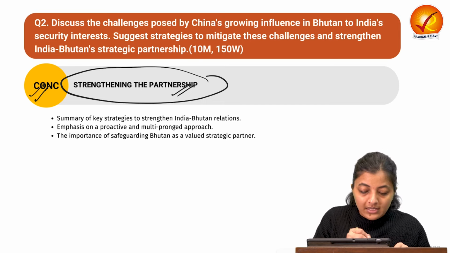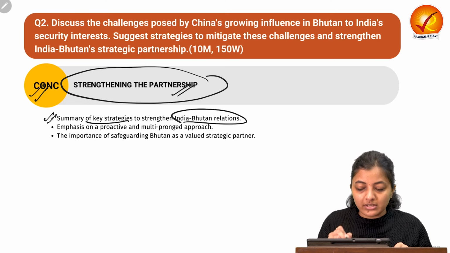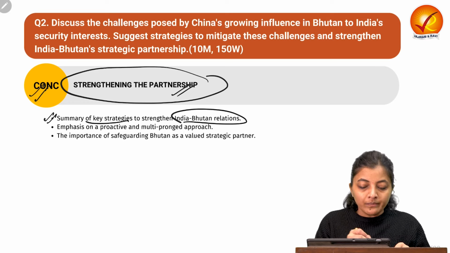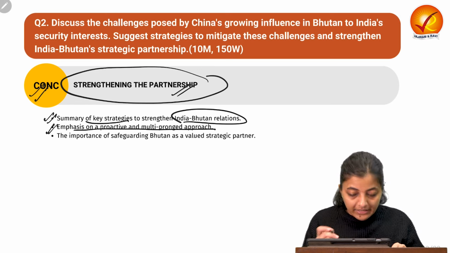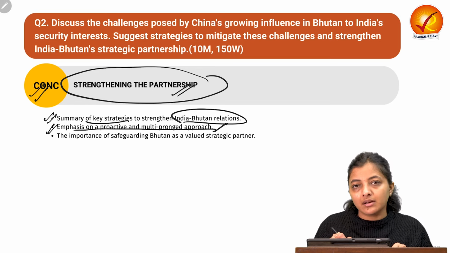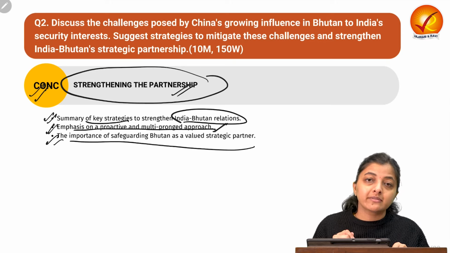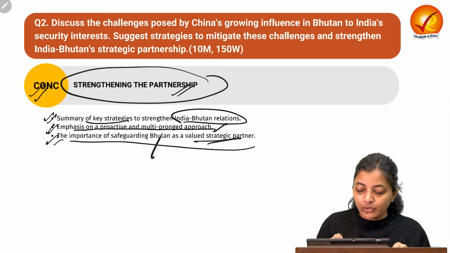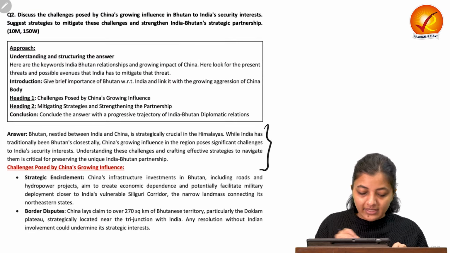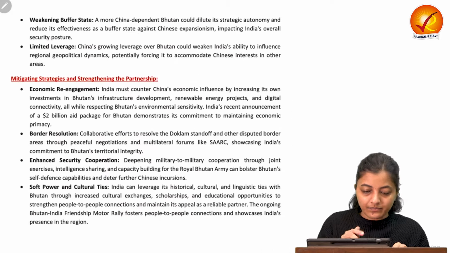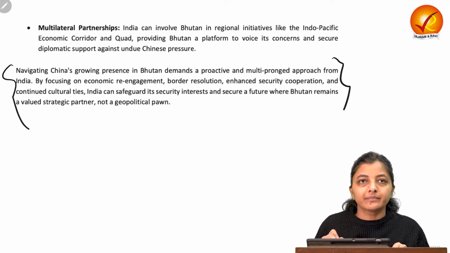We can write the summary of the key strategies to strengthen India-Bhutan relations in the conclusion, or write about the emphasis on a proactive and multi-pronged approach towards improvement of the relations, and also the importance of safeguarding Bhutan as a valued strategic partner. Moving on to the model answer, starting with the introduction, some challenges, then mitigating measures, finally conclusion.